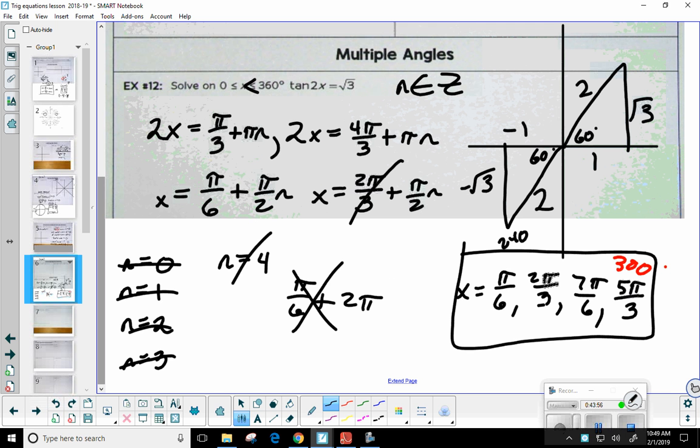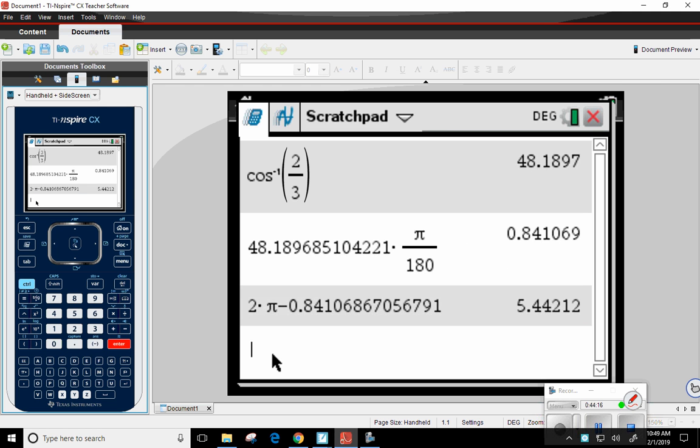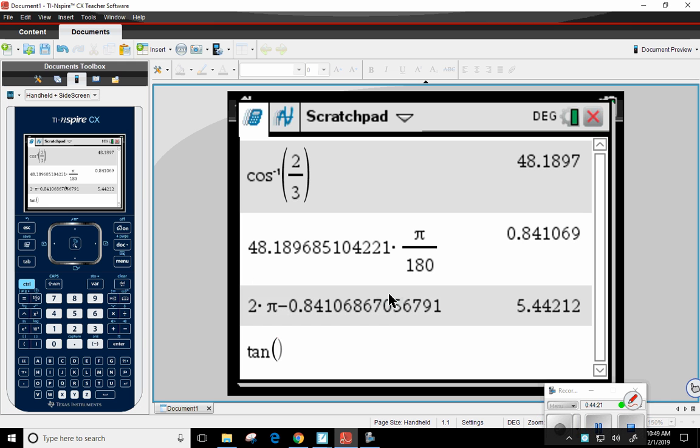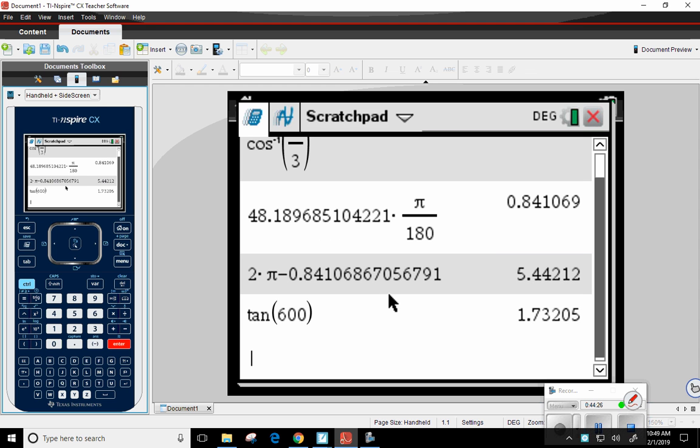So I should be able to plug in tangent of 2 times 300 and get the square root of 3. If it were in radian mode, then I can go ahead and plug in 5 pi over 3. But what's 2 times 300? That is 600. And let's take a look. If I go ahead and take tangent, if I plug in 600, what do I get? That is the square root of 3.